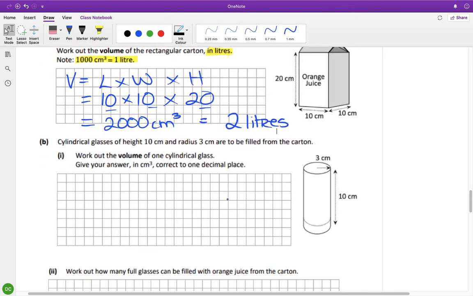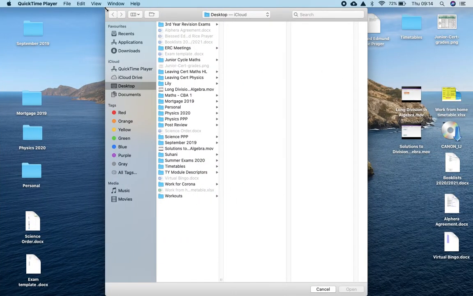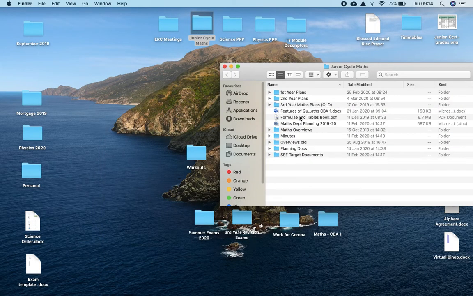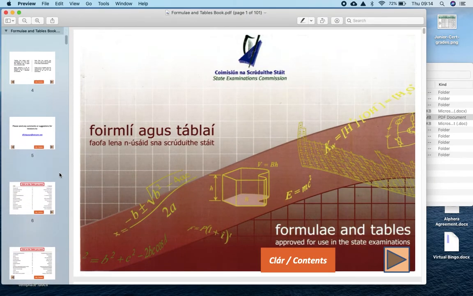Cylindrical glasses of height 10 centimeters and radius 3 centimeters are to be filled from the carton. Work out the volume of one cylindrical glass. Okay, so this is where we're going to need to go. I sort of forgot to get this ready. Hang on. We're going to go to our formula and tables book, which hopefully you have.